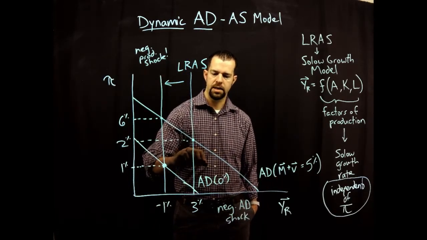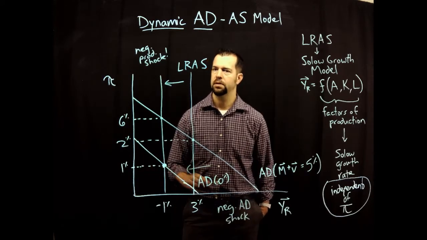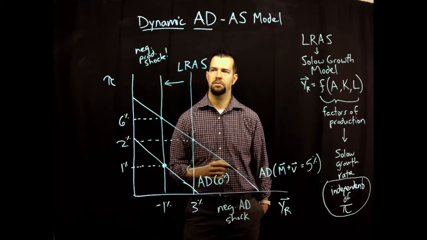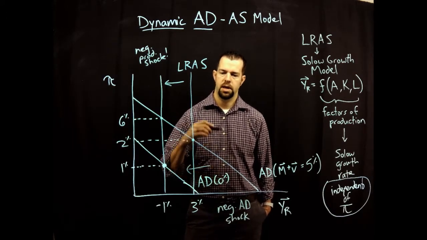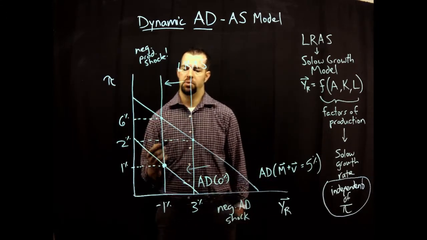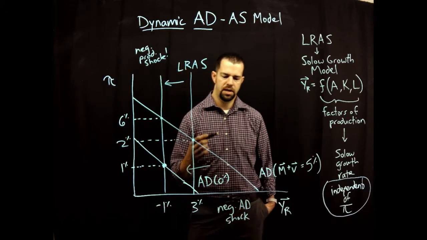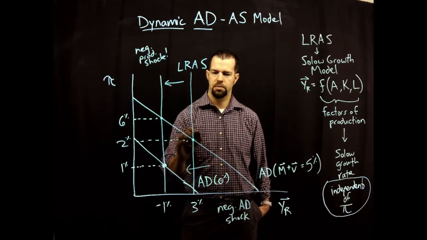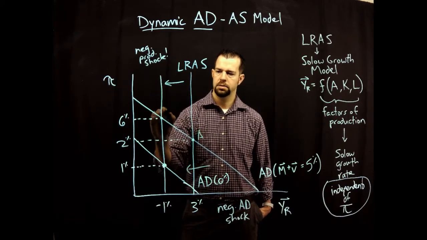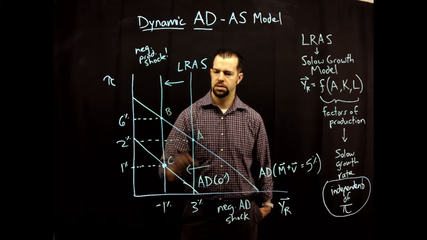We had a shift left of the long-run aggregate supply curve due to a disaster like the coronavirus pandemic, and then that decrease in productivity was also followed by a decrease in the spending growth rate. And so we went from A to B to C.